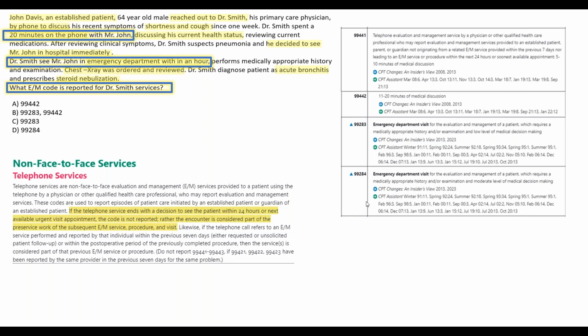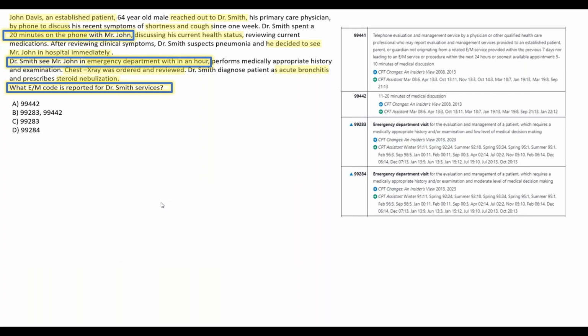No, because that is considered pre-service work for the subsequent E&M service. Dr. Smith saw the patient in the emergency department, and we are going to bill for an emergency department service. So option A and option B are straight away wrong.